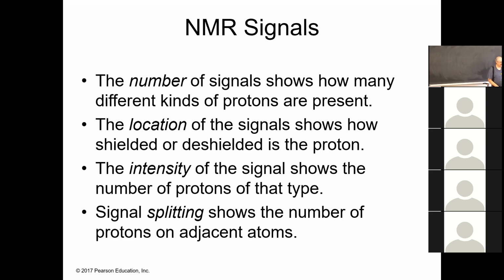We'll also look at the location of signals on the spectrum along the x-axis. The position along the x-axis tells how shielded or de-shielded they are. We'll look at the intensity of each signal, which will correspond to the number of protons giving rise to that signal. We'll also look at signal splitting, which will show the number of protons on adjacent atoms.